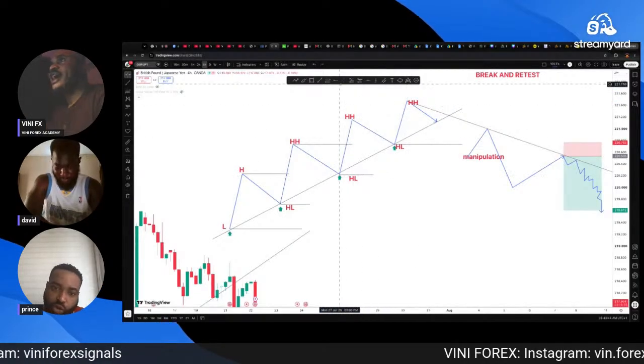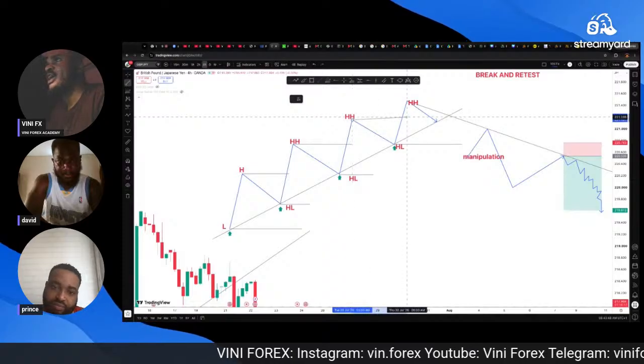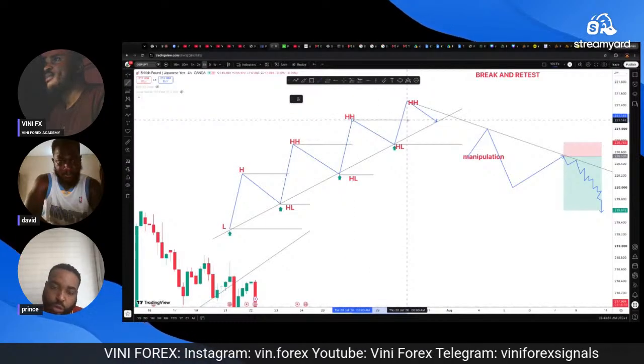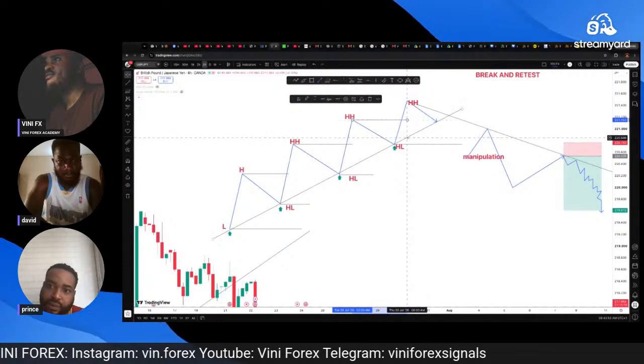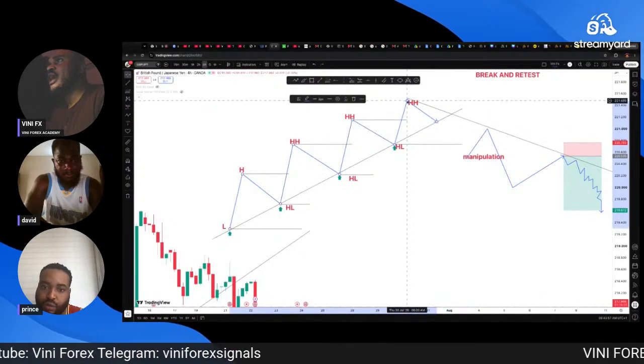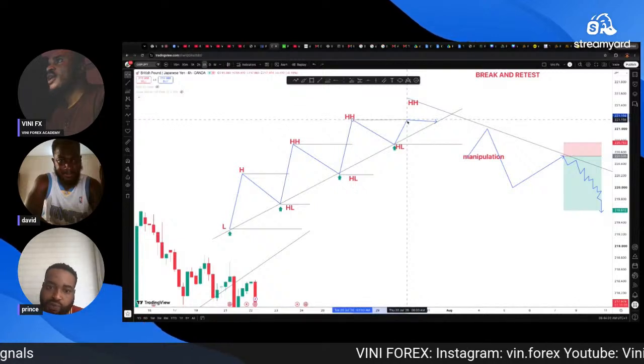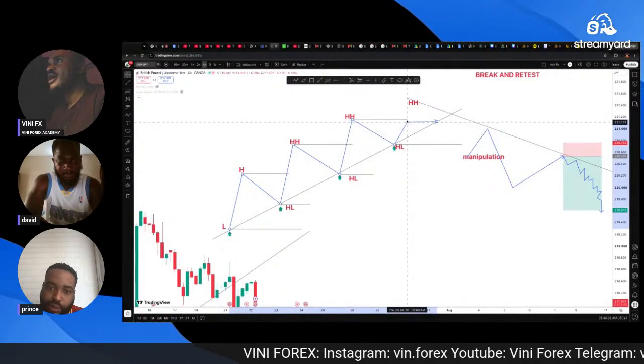Okay, and why is it a higher high? Because if you put a line at the level of this previous higher high, you'll see that this higher high passed it. It broke above that level. Had it been here, it would have been an equal high. If it is here, it would have been a lower high.